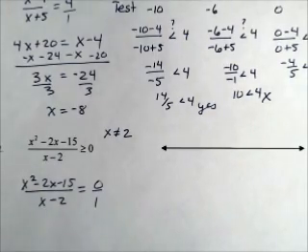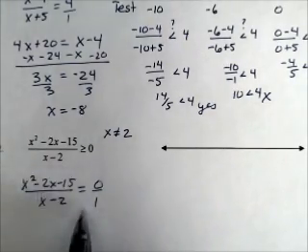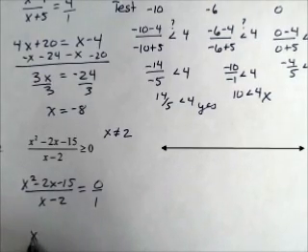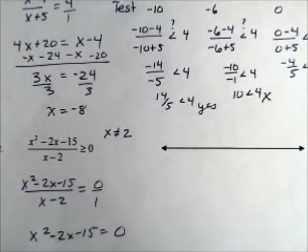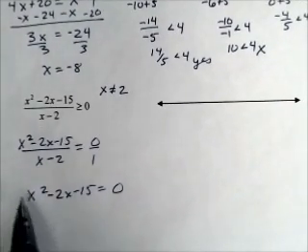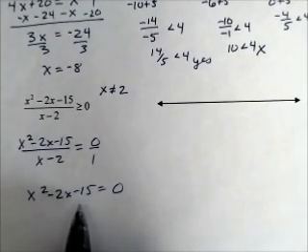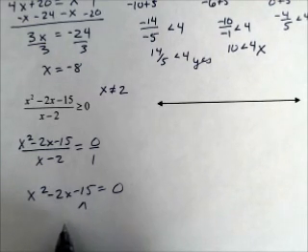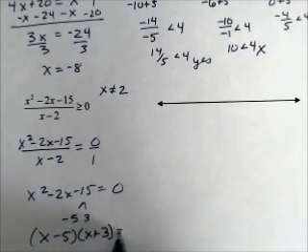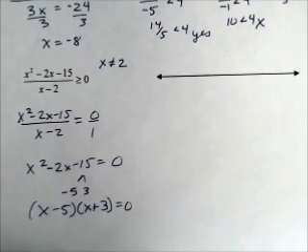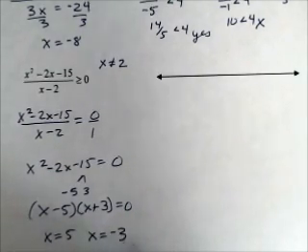Even if I write it as 0 over 1 and cross multiply, we get x squared minus 2x minus 15 equals 0. Solving this, we factor. The factors of negative 15 that add to negative 2 are negative 5 and 3. So x minus 5 times x plus 3 equals 0. So x equals 5 and x equals negative 3.